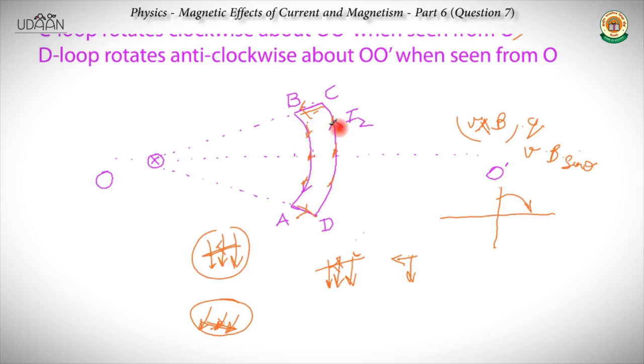So this will result in a torque about O dash, in viewing from this axis, and from O it rotates in the clockwise direction. So we look at a couple that's generated due to the field, and hence the loop rotates clockwise. So that was question number 7 for us.